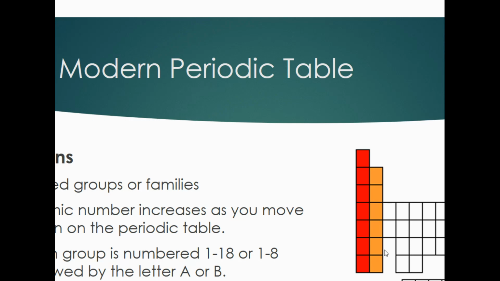When you number your families or groups, we leave this bottom region out, and we'll talk about this region a little bit more later on. Starting here on the left, this group in red is group or family 1, and it goes all the way to group or family 18, which we recognize as the noble gases from our configurations that we worked on last semester.